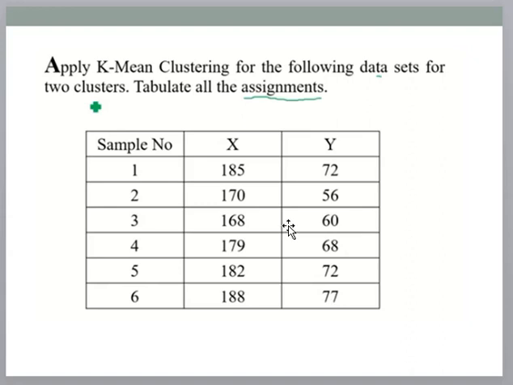First I will calculate the distance of this data point to K1, and then I will use this data point again to calculate the distance with K2, and then I will see which distance is the minimum. If it's minimum to 1, then I will assign this data point to 1, otherwise I will assign this data point to 2.